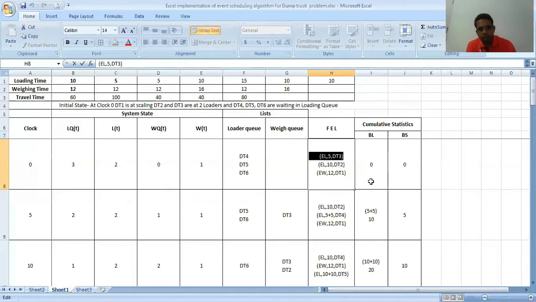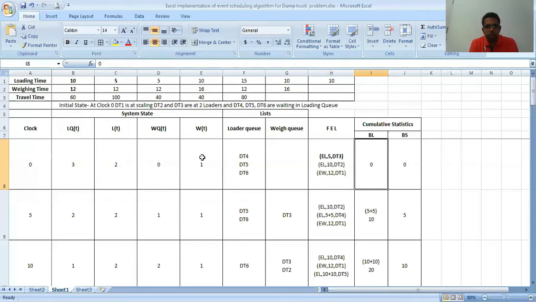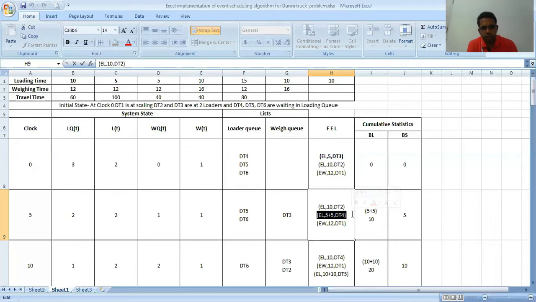comma 5 comma dt3. Therefore, we are going to advance our clock to 5, and we are going to remove that event notice from the future event list. Because this event notice has been removed, we are going to schedule another future event here, and that event will be EL, 5 plus 5, dt4.